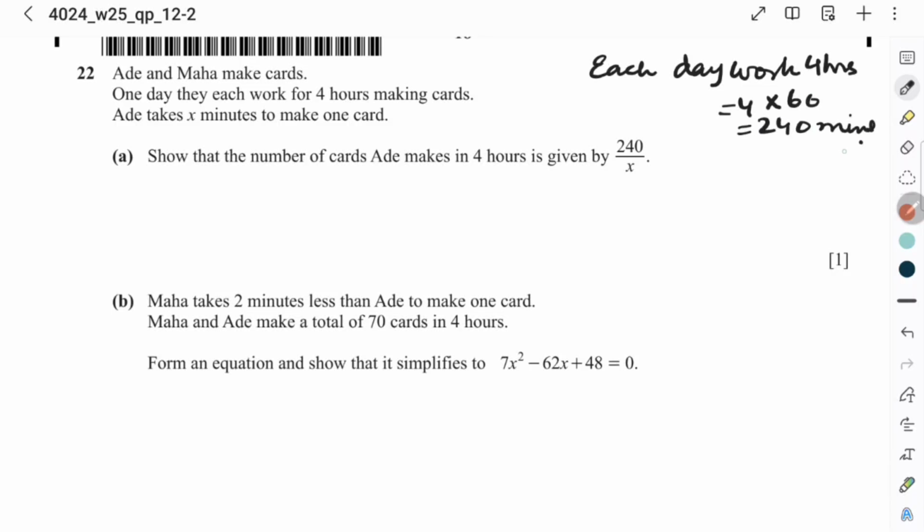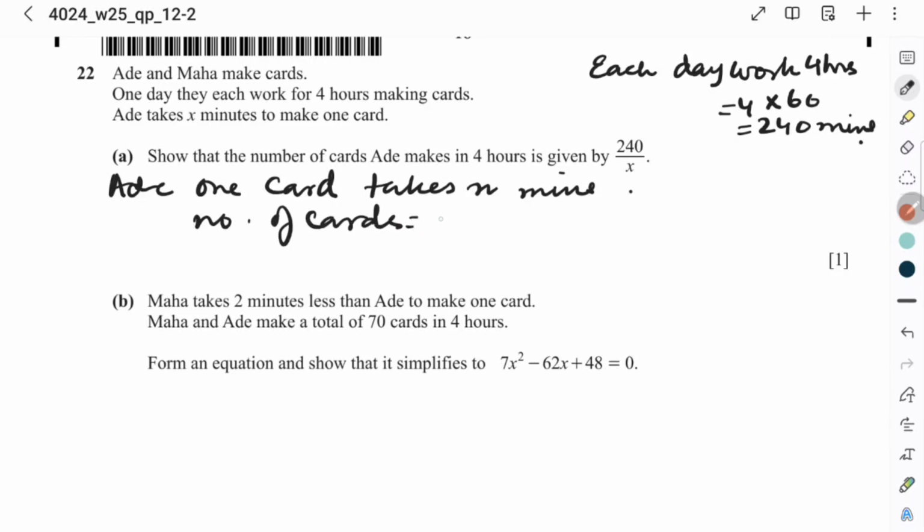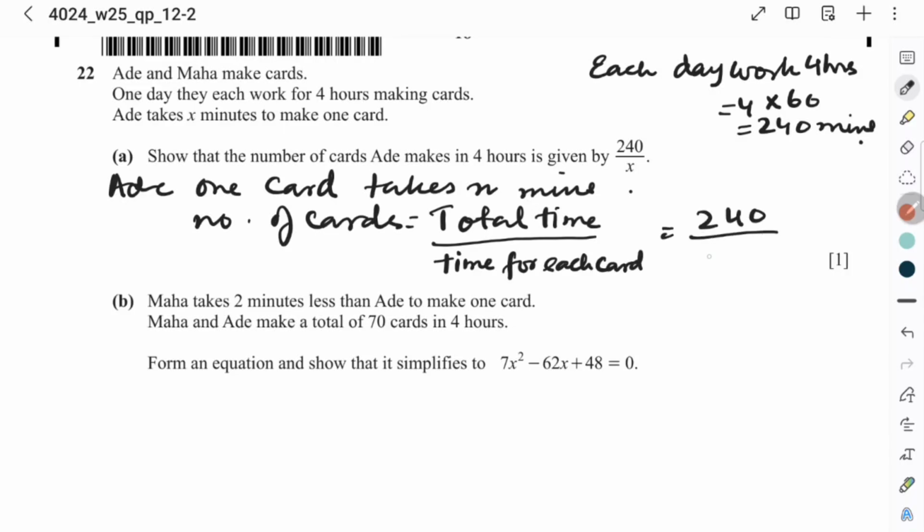So Eddie takes X minutes for one cake, so the number of cakes will be equal to the total time divided by the time to make each cake, that is X. 240 is the total time, and then upon X. So this is shown.